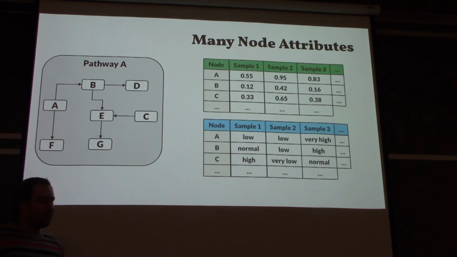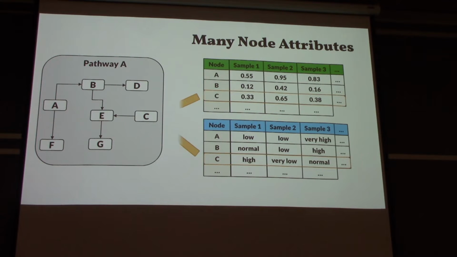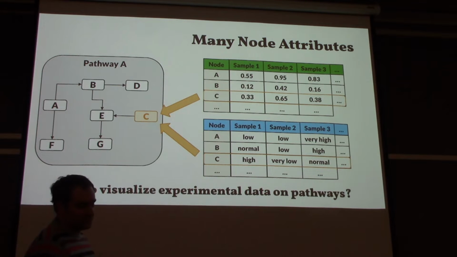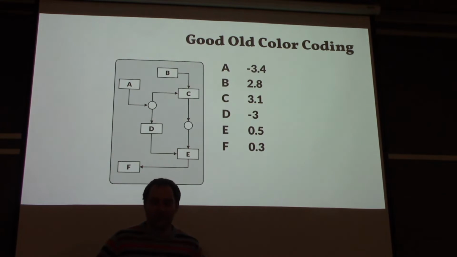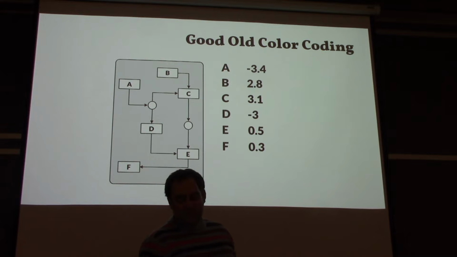The problem here is that you have these networks, and then you have many node attributes. Here you would have numerical data, and here you have categorical data. For each node you would have a large vector of those, and you try to map all of this onto a single node. Of course this is a tough question. What people typically do is what I like to call good old color coding.